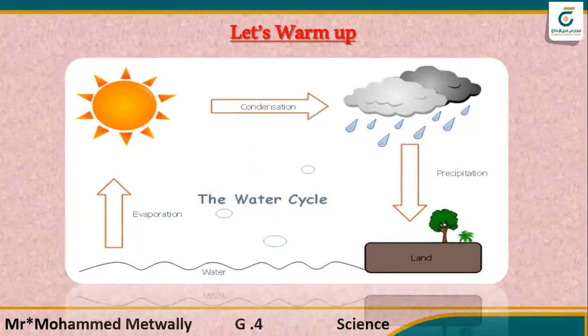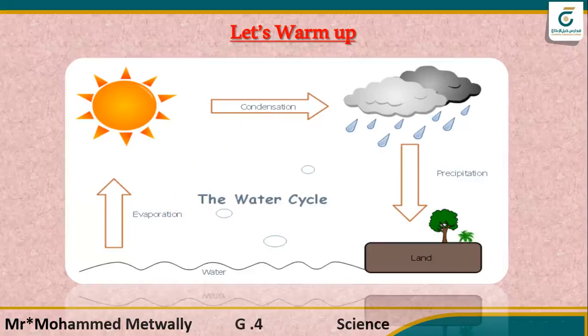Turning to another slide here, it's about the water cycle process. The water cycle consists of 4 processes, the first one is evaporation. Evaporation takes place when the sun warms the water of the ocean or any body of water. Then the vapor will go upward to the next process, which is condensation.